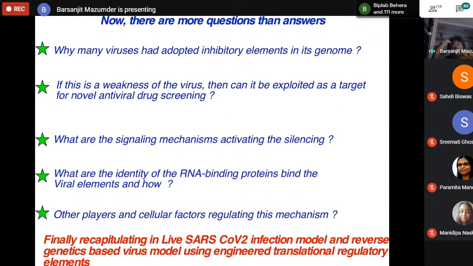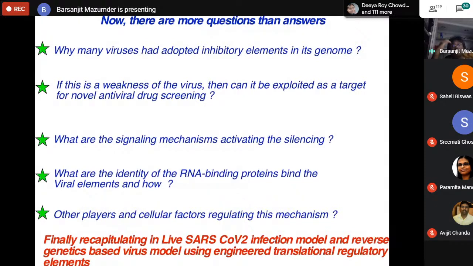But we agree that this experiment is now raising more questions than answers, because this is a very new project. We didn't even talk about it; this is the first time I'm talking about it here. So why have many viruses adopted inhibitory elements in their genome? Why would a virus adopt an inhibitory element?